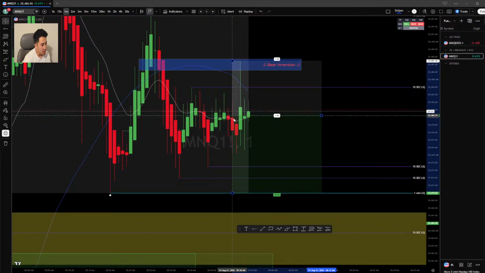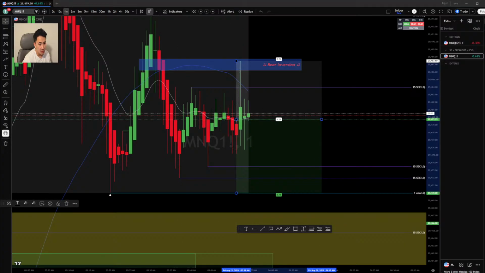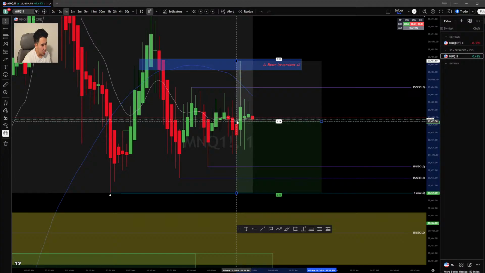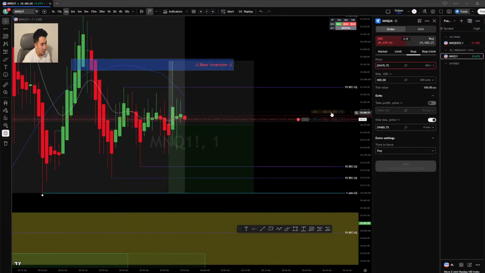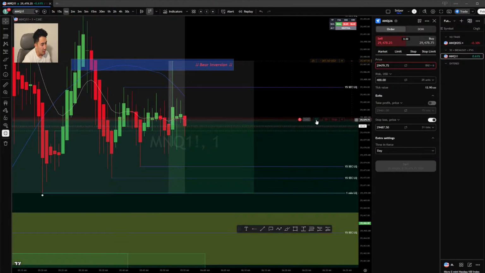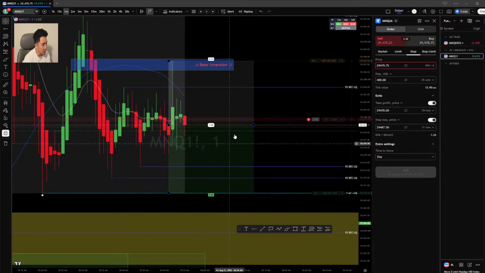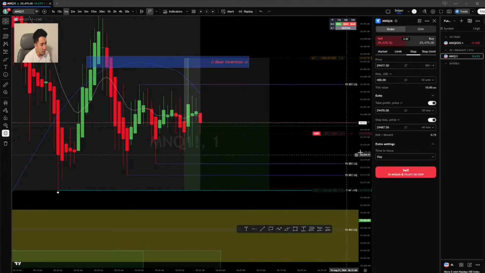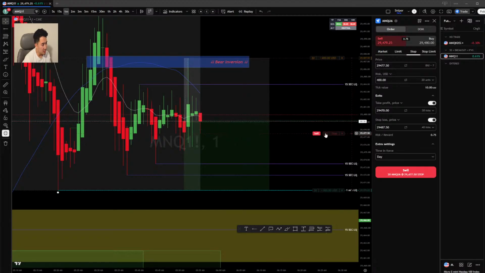Said I need a candle body close below this 13 EMA and then a long lower wick compared to the upper, and then that's where we could take our entry. So right here, TP would be at this 1 minute liquidity right here. So the entry would be right here, be a sell stop if it works out here.